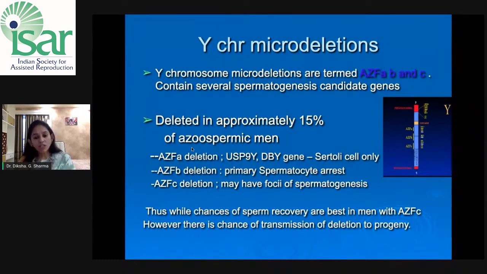This means that the chances of recovering sperm might be best in men with C deletions, but if we recover sperm from them and they have a male baby, there are chances of transmitting this AZFC deletion to their progeny as well. So they can have boys who are infertile.